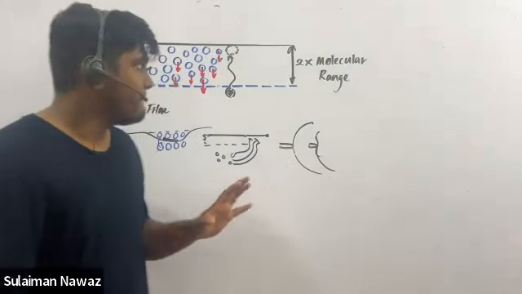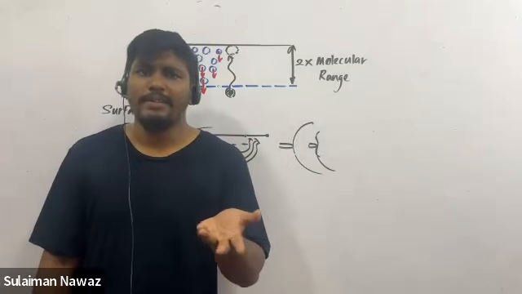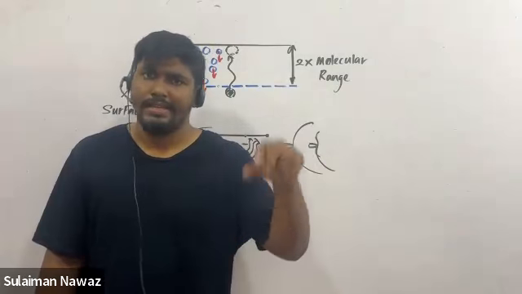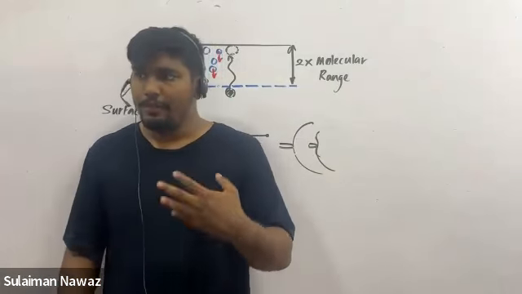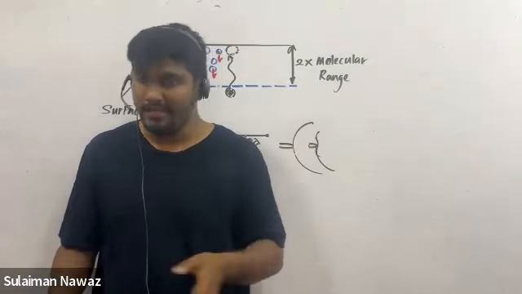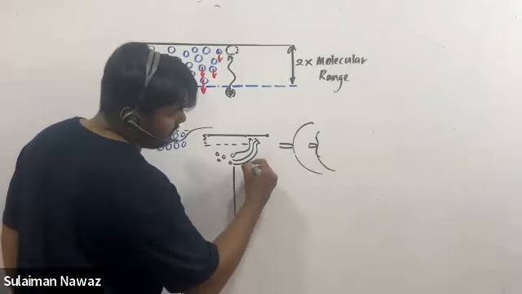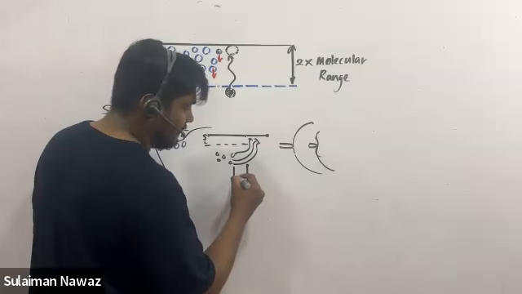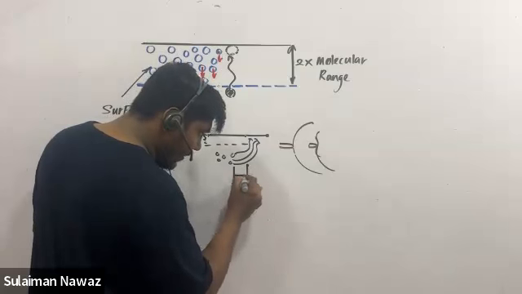Then the next important thing: just think about the water surface. When you put water in a container, especially a small tube, capillary tubes are the best example. If you take a small tube and put water or mercury or whatever, and observe the surface, do you think the surface of the water is flat?